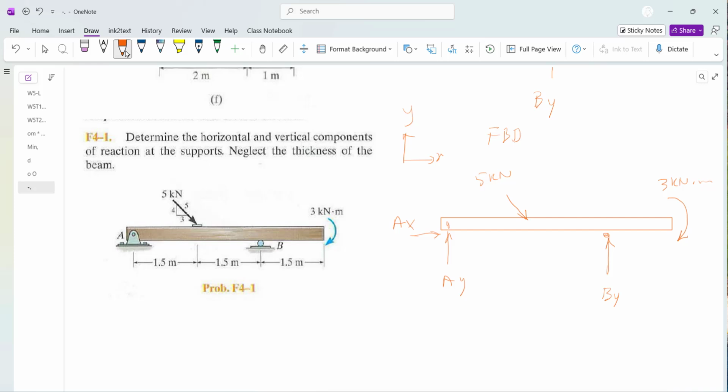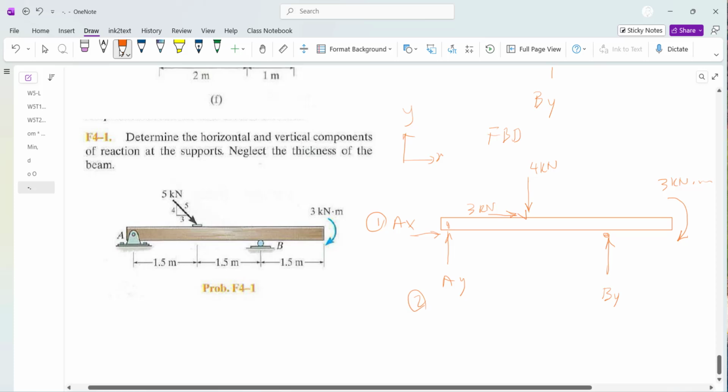So this 5 kilonewton can be replaced by a vertical force of 4 kilonewton and a horizontal force of 3 kilonewton. But when you resolve, don't forget you have to get rid of the original because you don't want to count it twice. So now this is equivalent to that, and to solve, what you do is just start counting the number of unknowns: 1, 2, 3. So this problem is solvable.